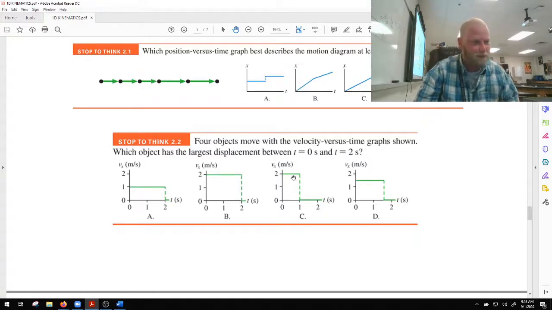Here, 2 times 1, you've got an area of 2, so 2 meters were traveled. And here you got 1.5 times 1.5, which I can't do mental math, which gives you 2.25, so 2.25 meters were traveled. So this one, having the greatest area, 4 meters, traveled the greatest displacement.